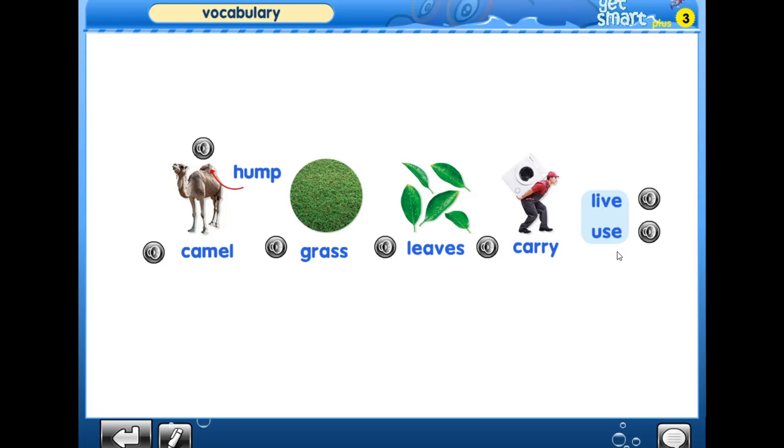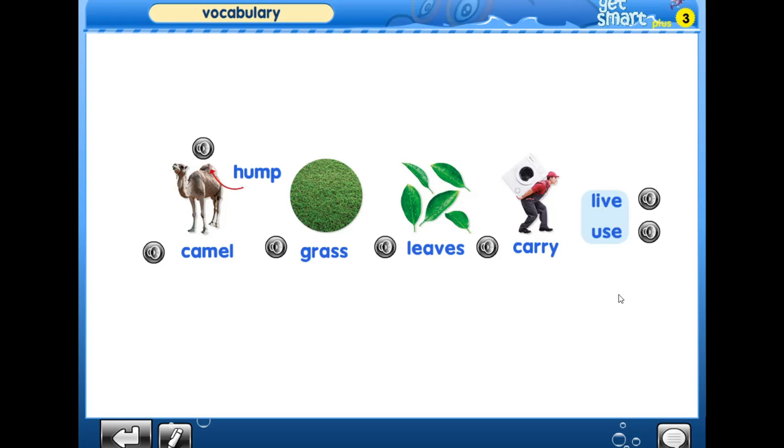All right. These two words, they don't provide you with pictures, so I'm going to tell you a sentence on these words. The first one is live. Read, live. All right, I give you example. For example, in this sentence, live, I ask a question.